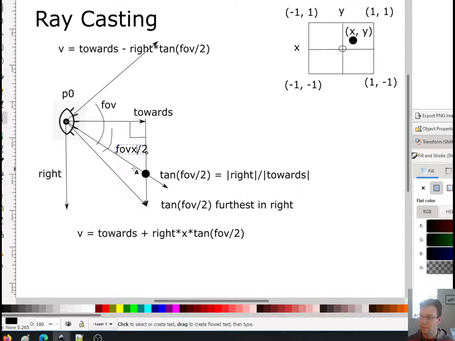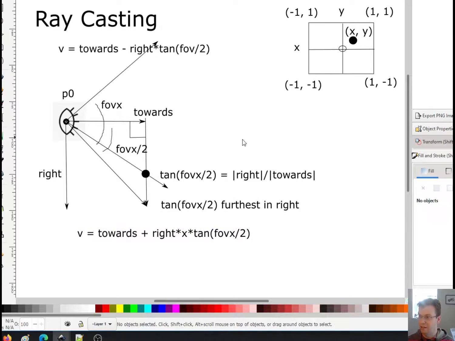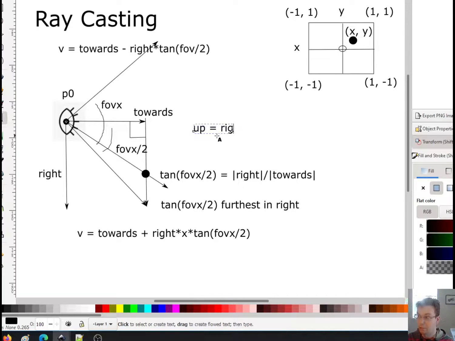So I'll say that this happens to be my field of view in the x direction. But there's also a field of view in the y direction. And in that case, I have a vector pointing up. You can obtain that vector by the right-hand rule: the right vector cross the towards vector. So we'll say up equals right cross towards.